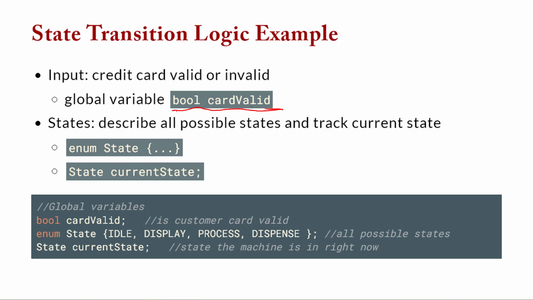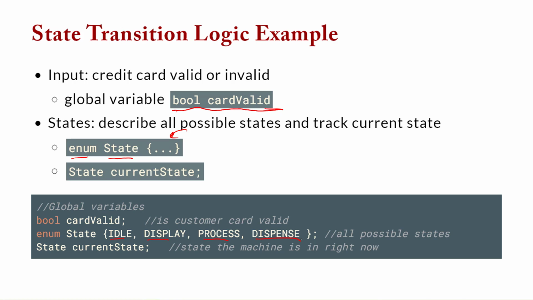Okay. The next thing is, what state are we in? Well, to build a state, we simply say enum state. And then here we just list all of the values that possibly could be in the state. So if we look down here, we've got idle, display, process, dispense. Those are the states.